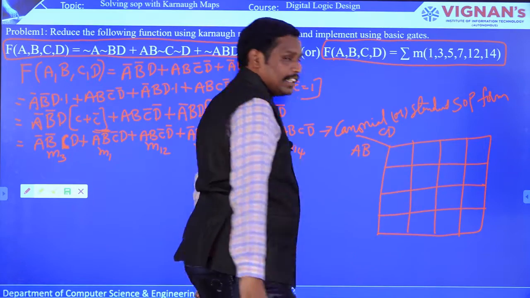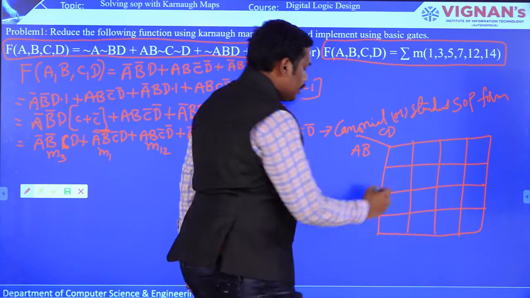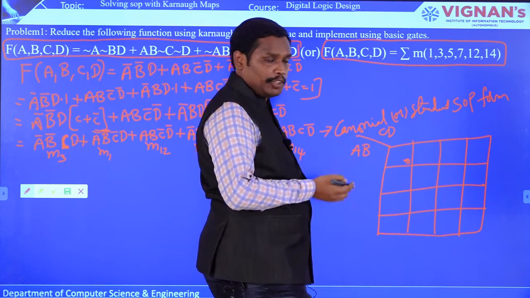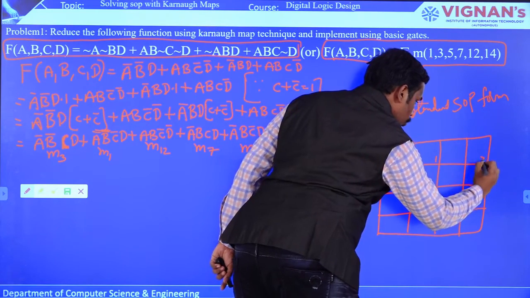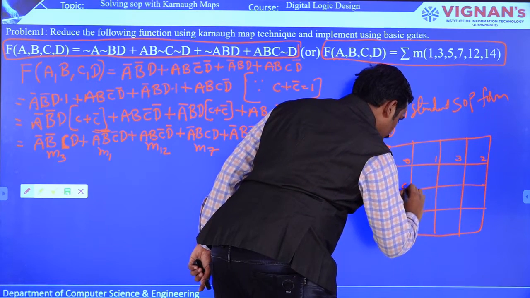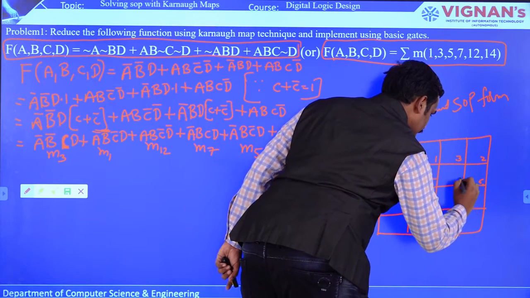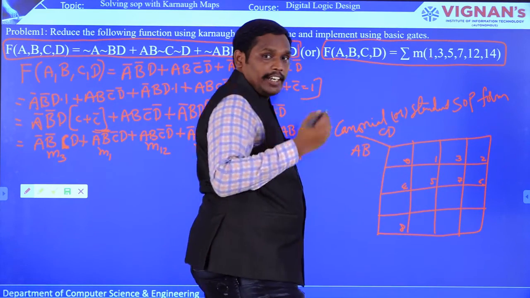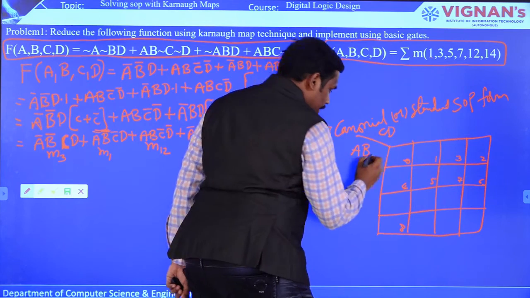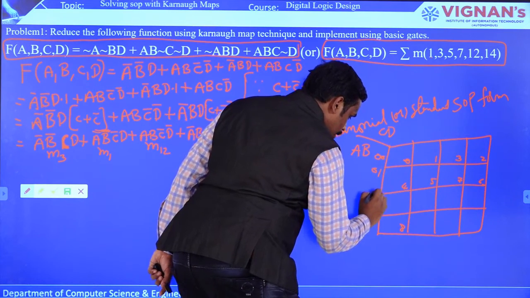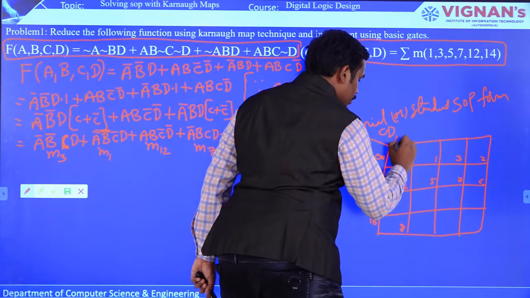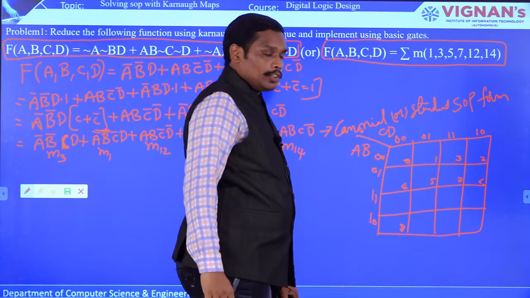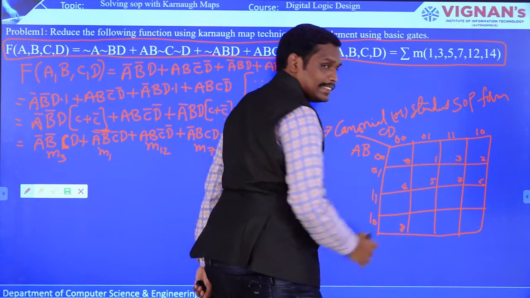So, those 16 cells you can number, like the first one will be 0, that is the min term 0, we can also represent it with M0, or 1 and then 2 and then 3 and then 4 and then 5 and then 6 and then 7 and then 8, because you know that the gray code sequence that we follow in the row as well as column is 0 0, 0 1, 1 1, 1 0. In the same way, 0 0, 0 1, 1 1, 1 0. Got it? So this is how you are going to write down the cell positions.